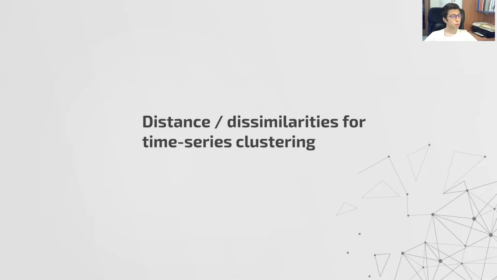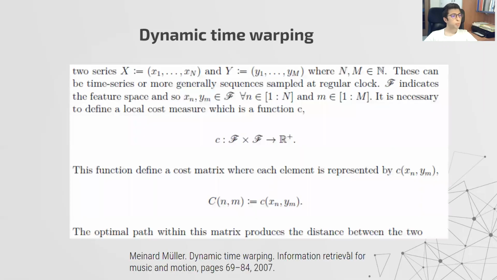And what are the two most important dissimilarities that I used? Let's begin with dynamic time warping, also called DTW. This is the most famous one, and I want to briefly explain how it works.